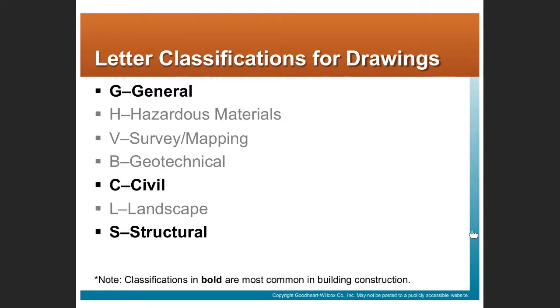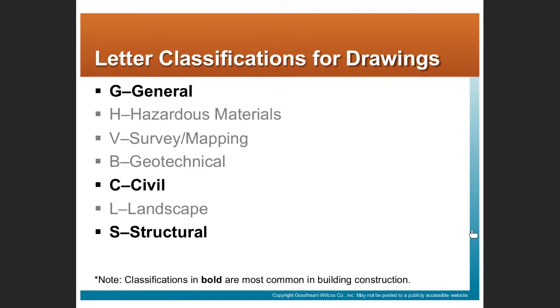Typically, we will designate the different drawings with a letter to distinguish them from one another, to help us organize or classify them. So the G for the general drawings might show some overall information about the project.